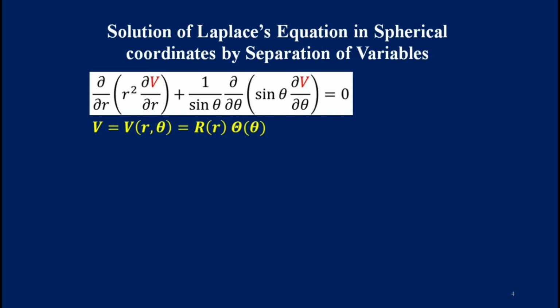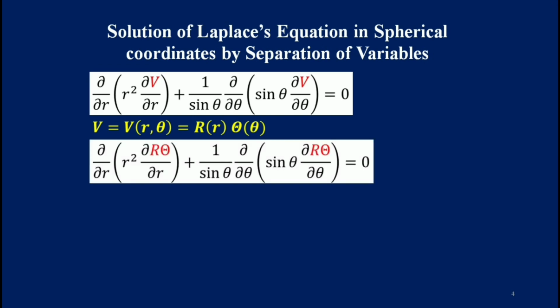So by the separation of variables method, we take a product of two functions: one only dependent on r and another only dependent on theta. This is the same thing we used to do in the derivation from the time-dependent Schrodinger equation. So V of r, theta equals capital R, a function of small r, times capital Theta, a function of small theta.